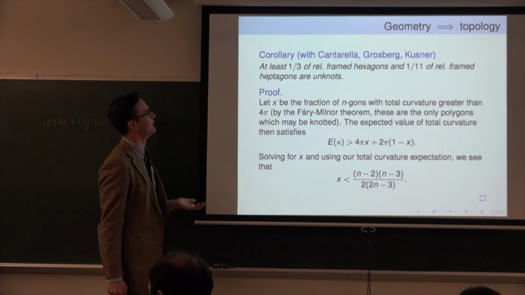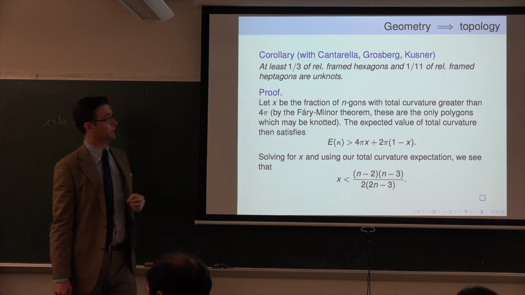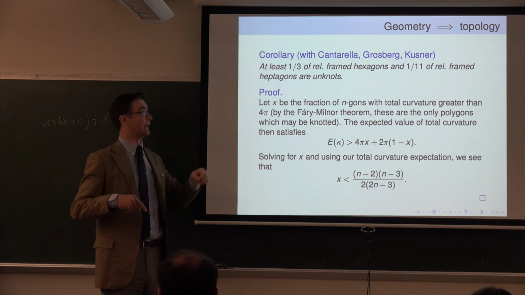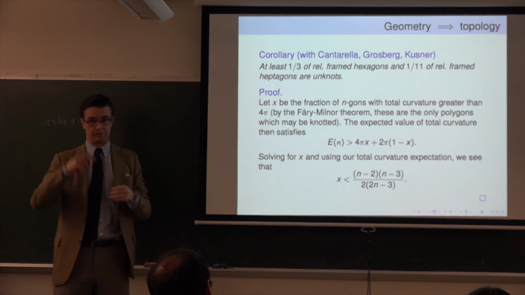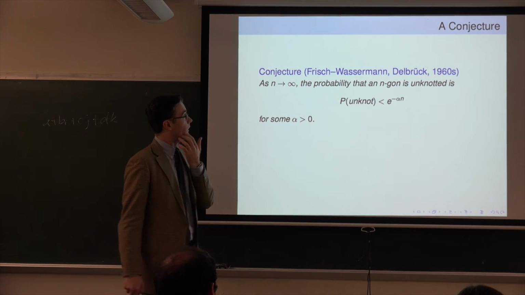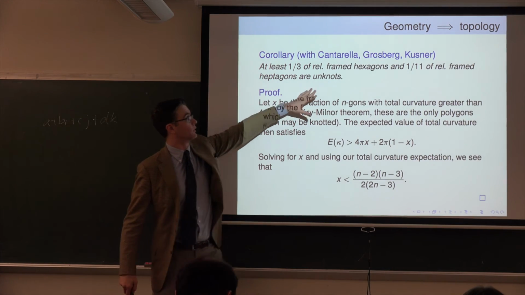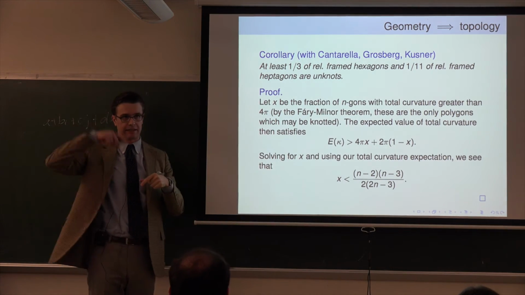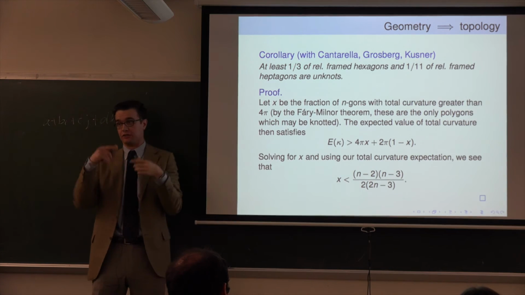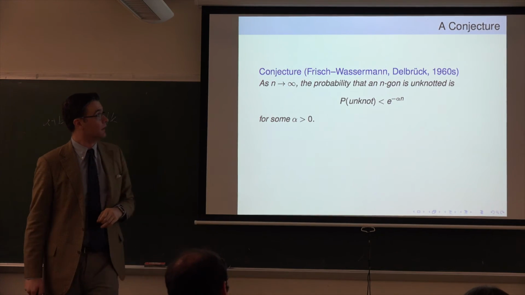I should say, this is the only bound on the knot probability that's known for finite n where you have some hard explicit bound. Of course, this is for very small n. Hexagons and heptagons, because you need at least 6 edges to form a knot. If you only have 5 edges, you can't be knotted. That's another really cool theorem.